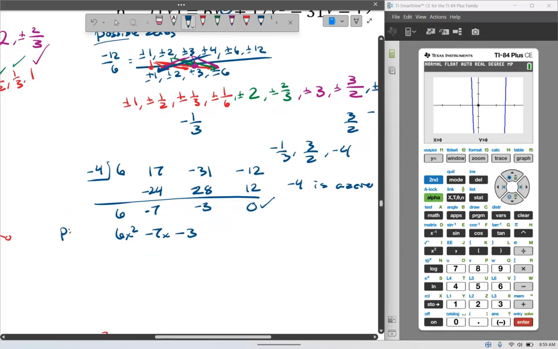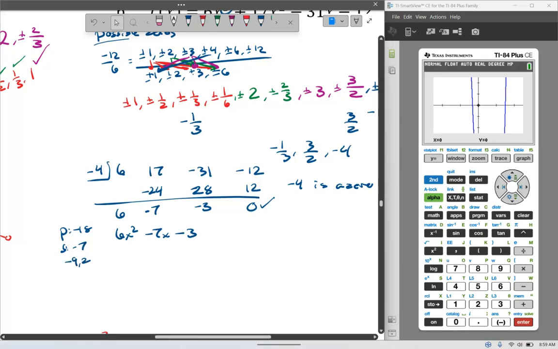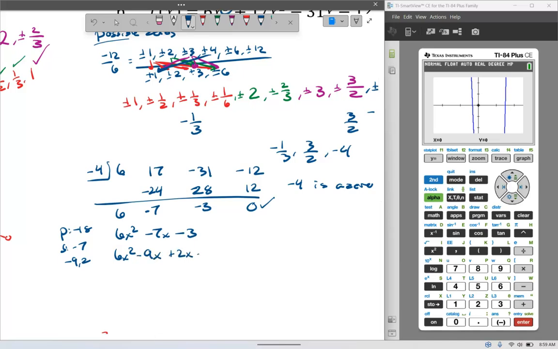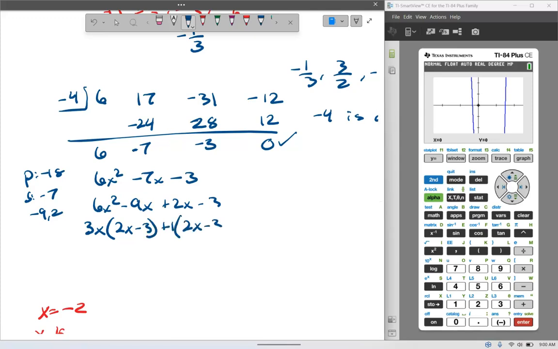We want a product of -18 and a sum of -7. So that's going to be -9 and 2. 6x squared minus 9x plus 2x minus 3. We'll factor out 3x, leaving us with 2x minus 3, and then a 1.